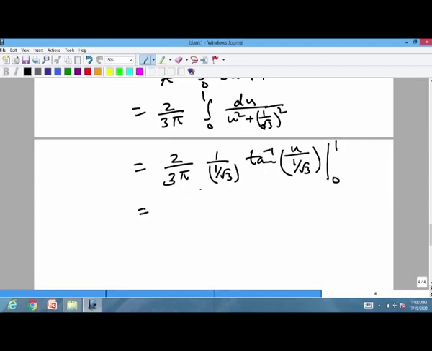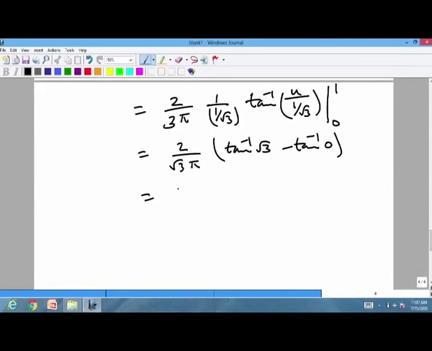So, this is equal to 2 by root 3 pi times tan inverse root 3 minus tan inverse 0. Tan inverse root 3 is equal to pi by 3, and tan inverse 0 is 0. So, we get this.